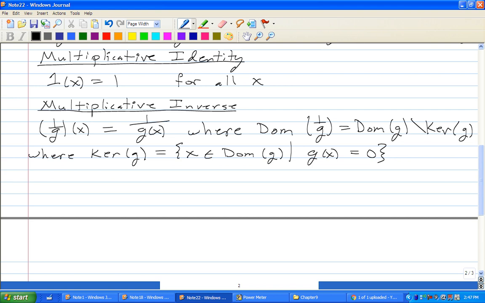So I can define division as multiplication by the reciprocal. And maybe I should tell you exactly what the domain is.